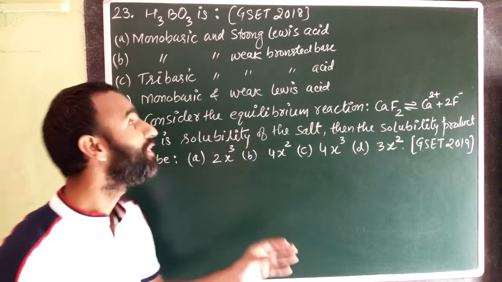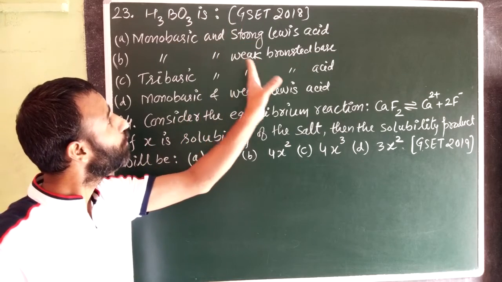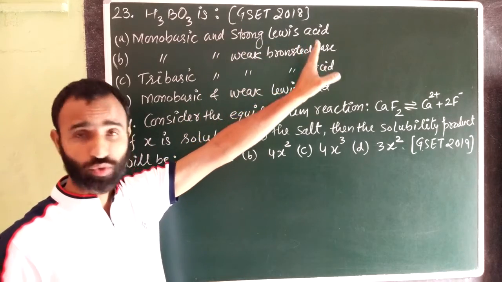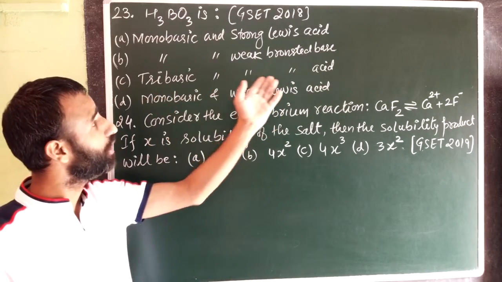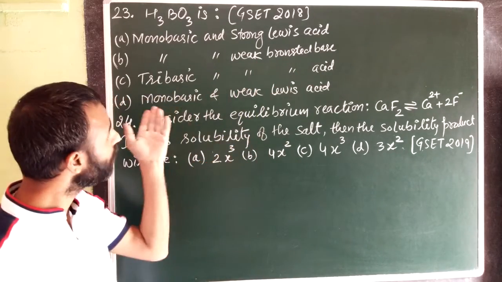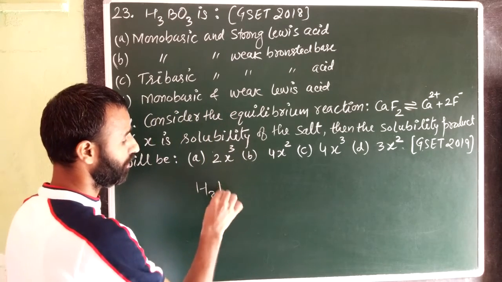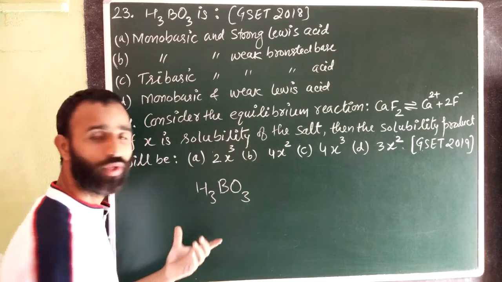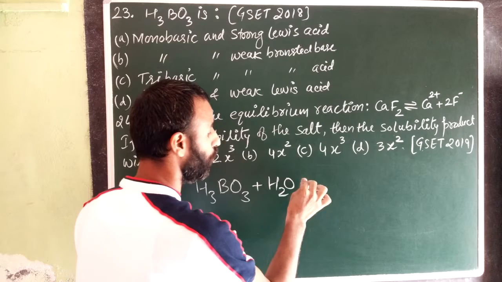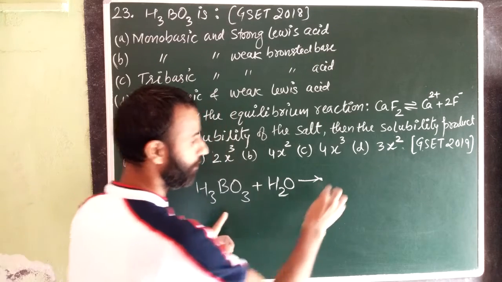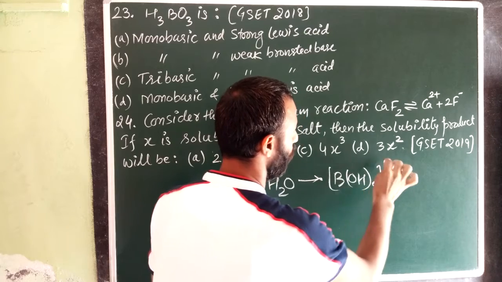Okay, so last part, H3BO3 is monobasic and strong Lewis acid, monobasic and weak Bronsted base, tribasic and weak Bronsted acid, or monobasic and weak Lewis acid. So keep in mind, H3BO3 will not give H plus ion, but it forces water to give H plus ion by accepting OH negative ion.